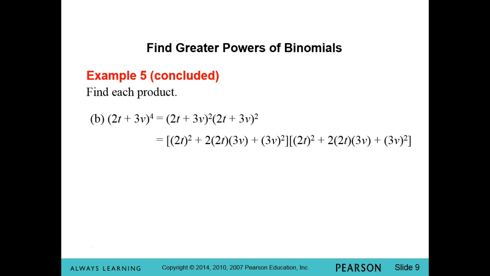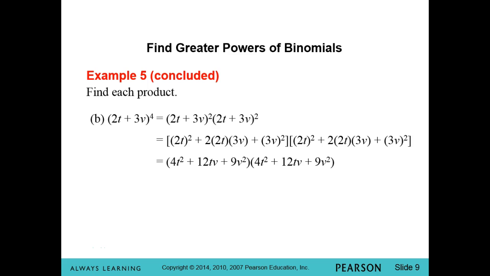But then do that again, which is not doubling. And then we multiply those to see what we get. This is 4T squared plus 2 times 2 is 4 times 3 is 12 TV plus this one squared is 9V squared. And then that thing again.